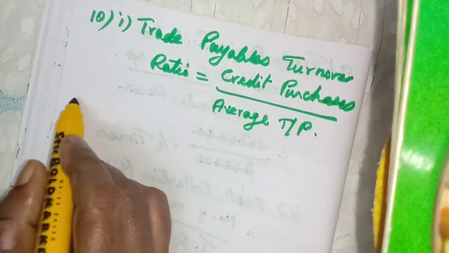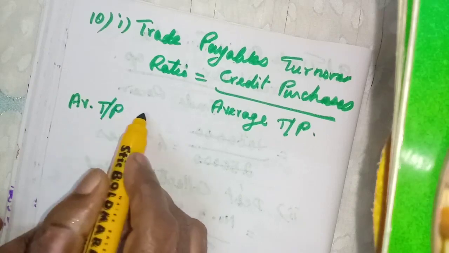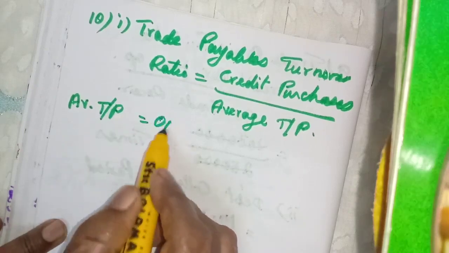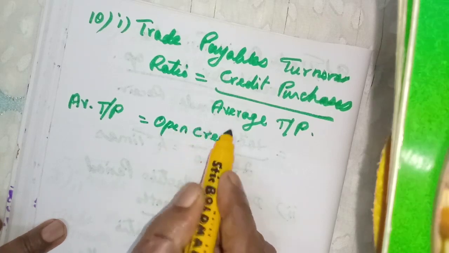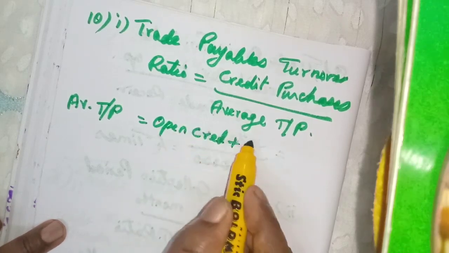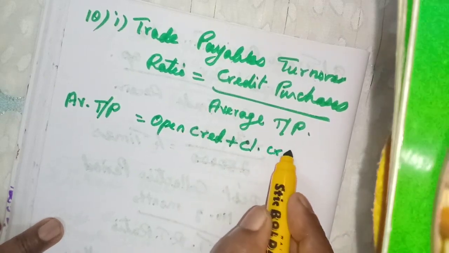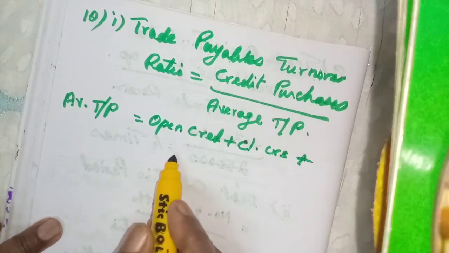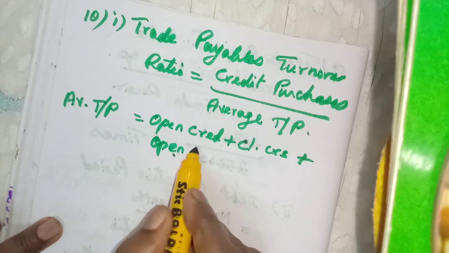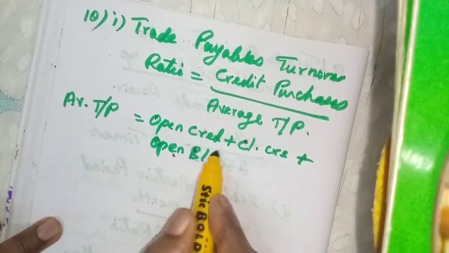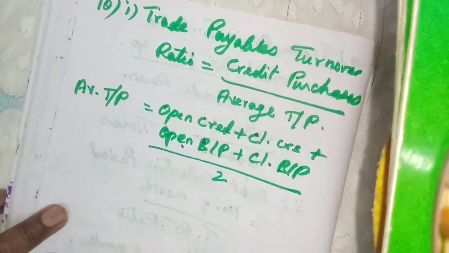Now average trade payables we have to calculate. Average trade payables is equal to opening creditors plus closing creditors plus opening bills payable plus closing bills payable, divided by 2.